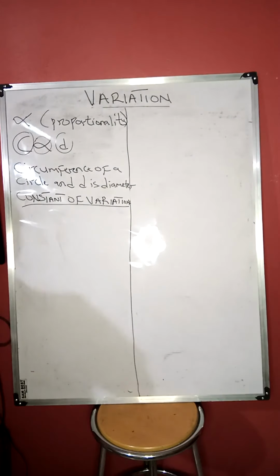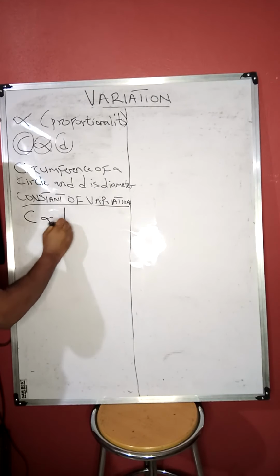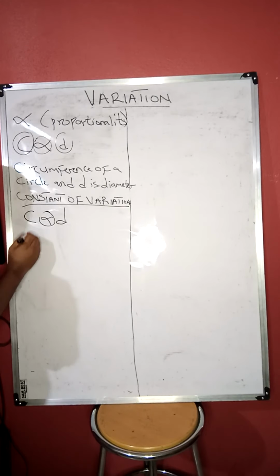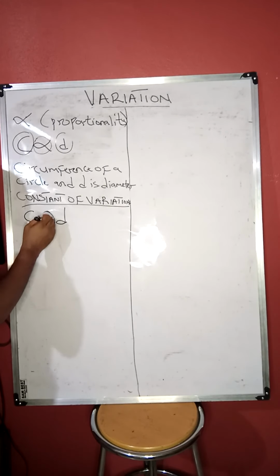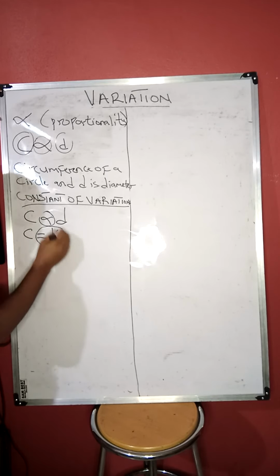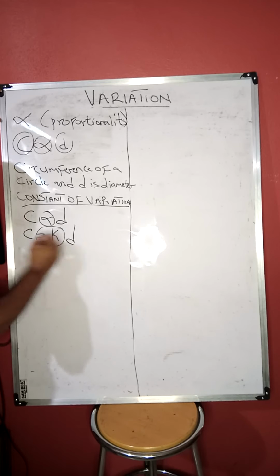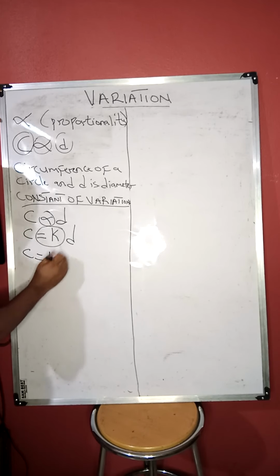Now I will work with this. I am given C directly proportional to D. To take away this sign, I will write C equal to, this sign has gone because I introduced equality, but I'll introduce my constant K. Then my D. So it's C equal to KD.